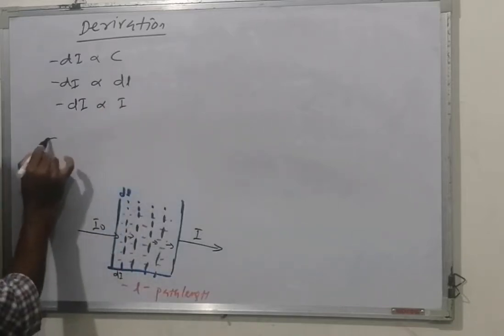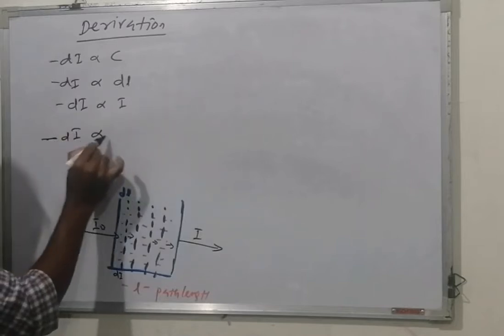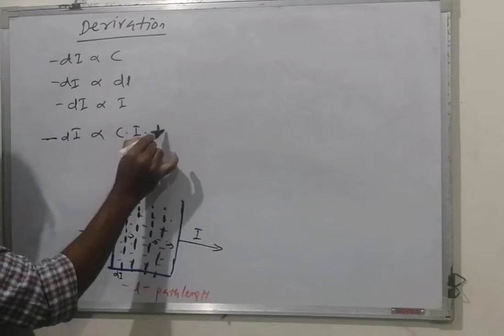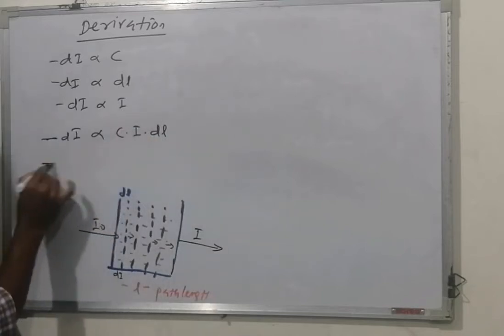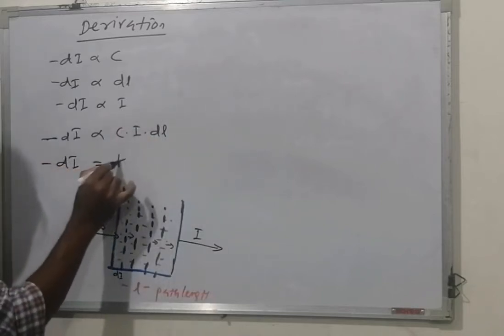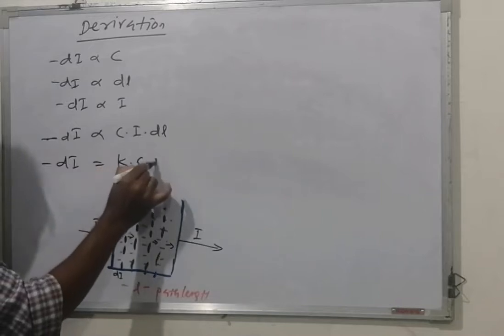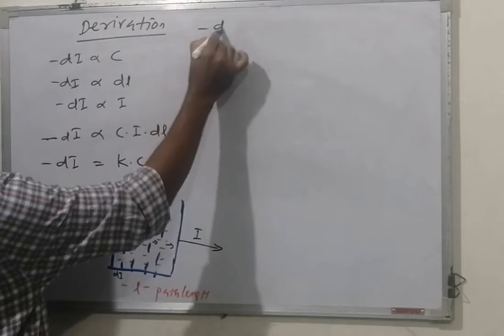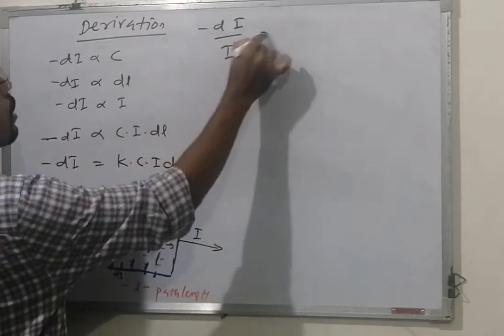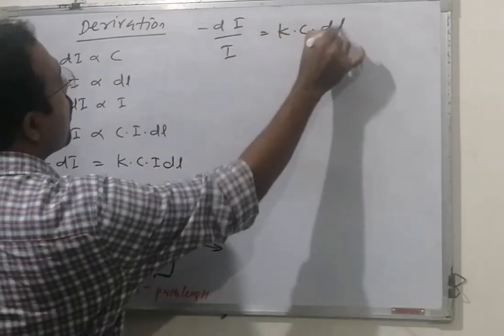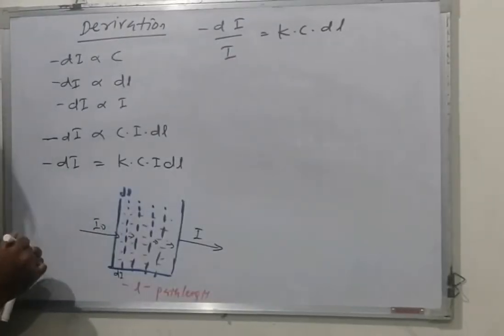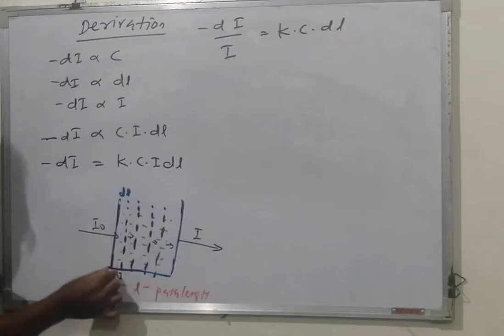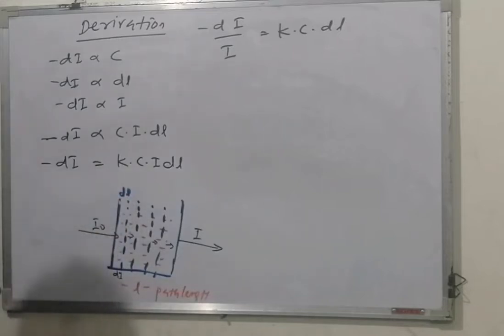Therefore, we can make minus dI directly proportional to c I dl, or minus dI is equal to k c I dl. Now I just rearrange. Minus dI by I is equal to k c dl. This is the decrease in intensity for this small cuvette or small segment.